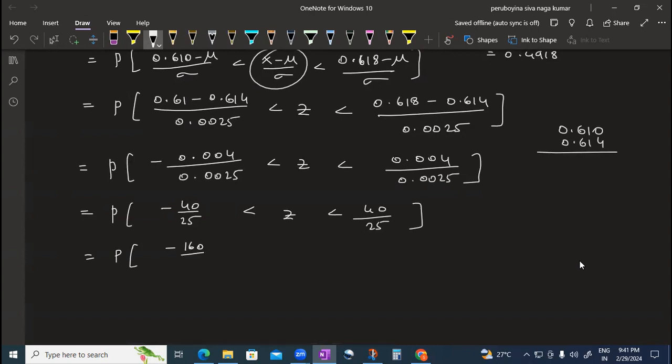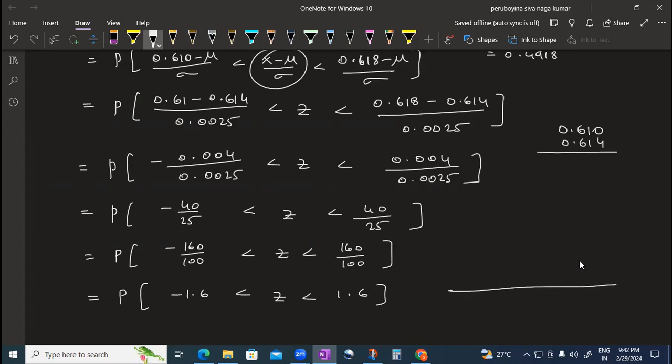So minus 160 by 100 less than g less than plus 160 by 100. 4 25s are 100. I just multiplied numerator and denominator with 4. And this will be minus 1.6 less than g less than 1.6.